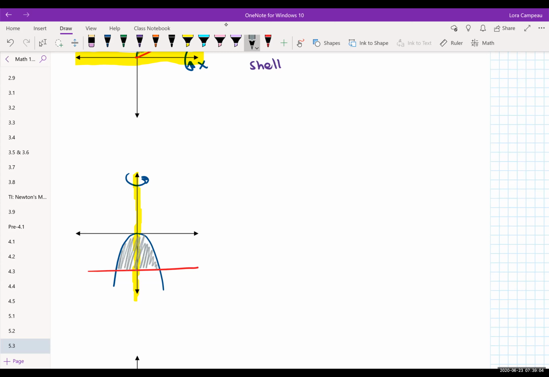So first things first, if I'm going to rotate, what is it? Parallel? Perpendicular? Let's see. Okay, so perpendicular to your axis of rotation. Let's think about that. Can we do that? If we make the solid, it looks like you can.